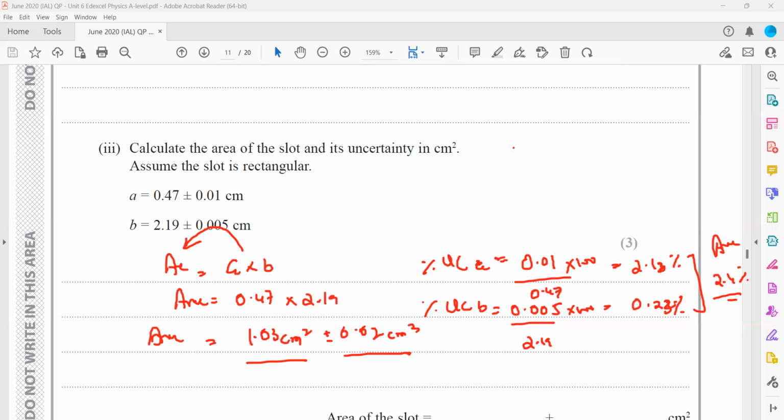Whenever quantities are multiplied or divided, you first find the percentage uncertainty in each value and then work out the total uncertainty. Say a question asks for the uncertainty in power. Power is the product of voltage and current. First we find the percentage uncertainty in voltage, then in current, and then add to get the total percentage uncertainty in power. Then from the percentage uncertainty we can work out the value as well. Is this part clear?